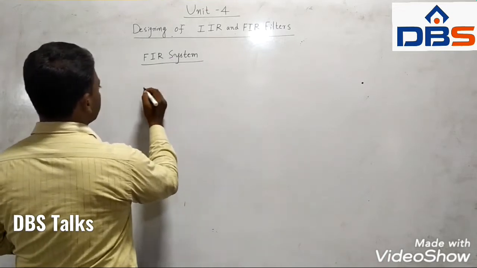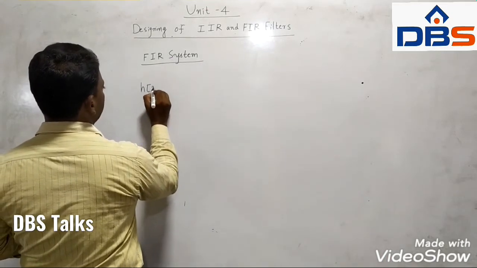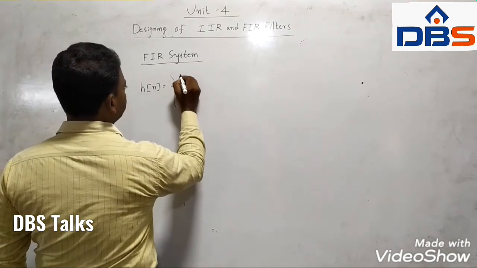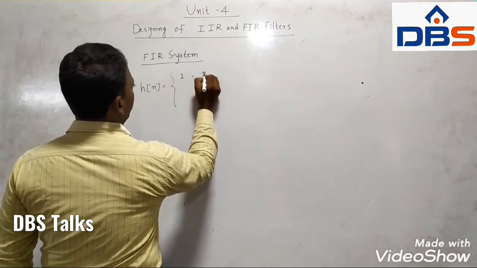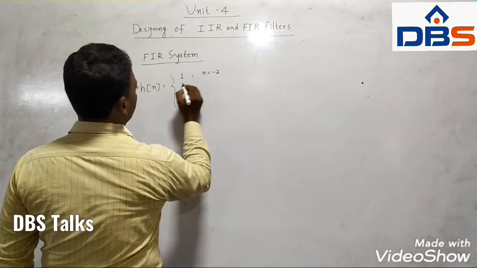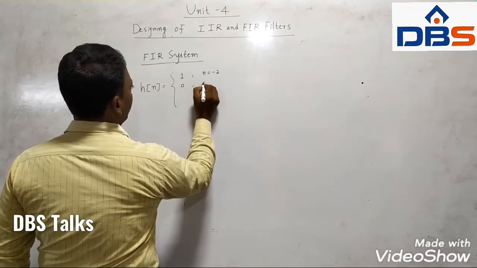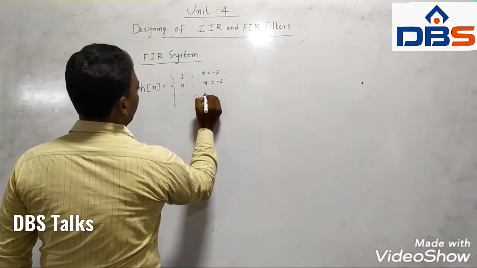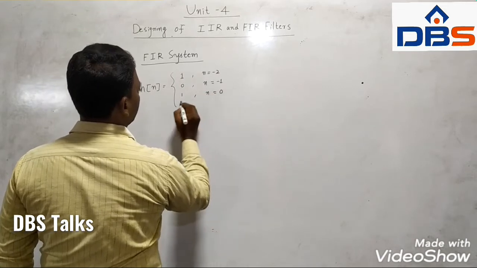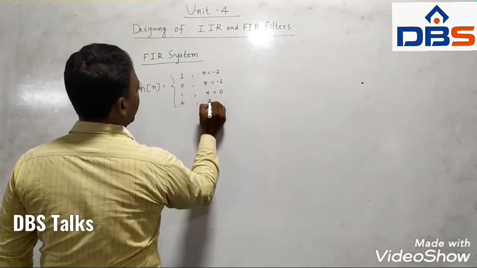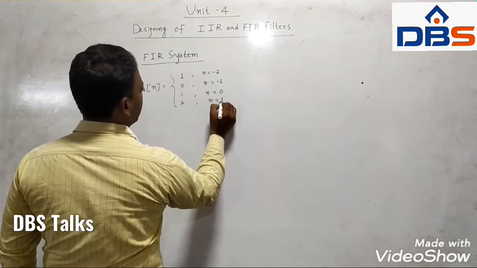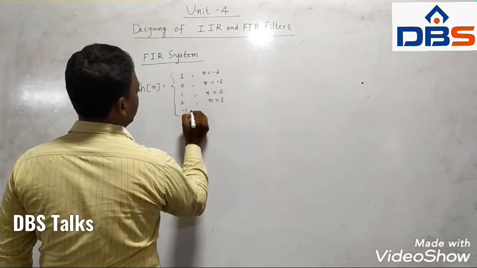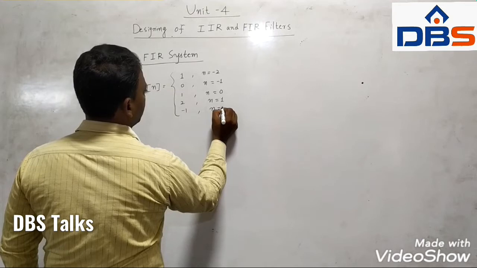Like this. Suppose h of n, right? h of n is what? Impulse response. If this h of n is equal to 1 for n is equal to -2, 0 for n is equal to -1, and 1 for n is equal to 0, and 2 for n is equal to plus 1, and minus 1 for n is equal to 2.